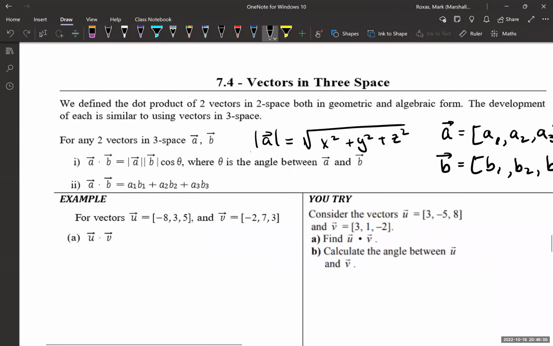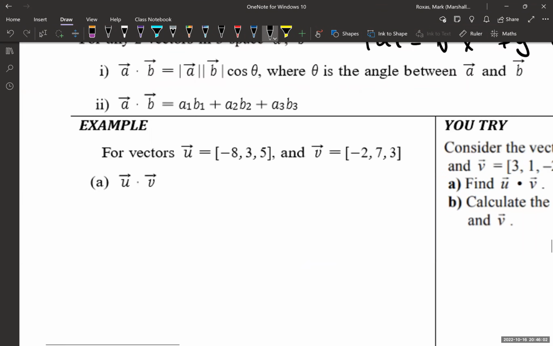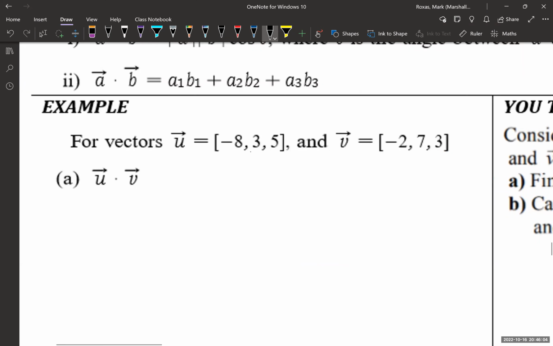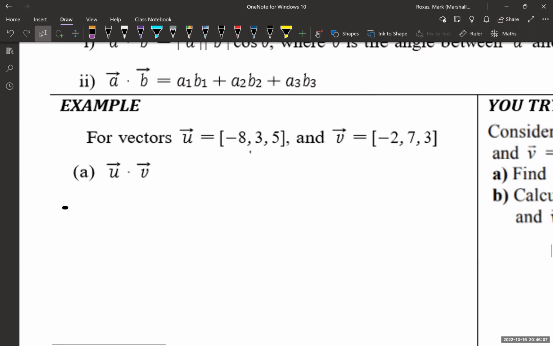Okay, so if we're given two vectors with x, y, and z components, how do we find the dot product? Just take the product of each pair of components and add them together. So for u dot v, I'm going to take the x components of each vector, -8 and -2, and multiply them.